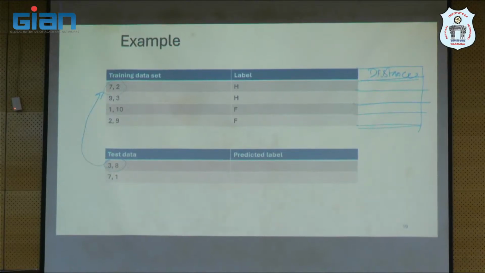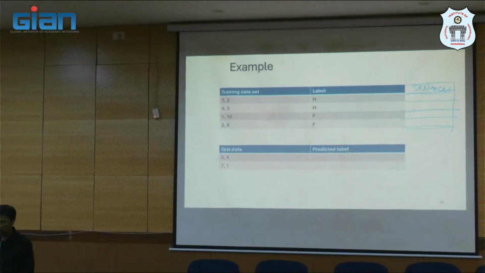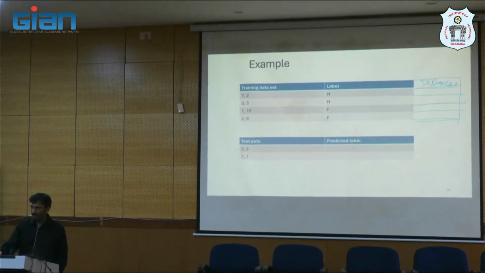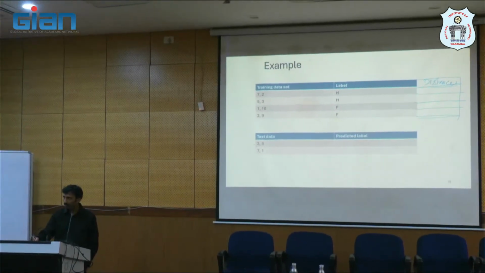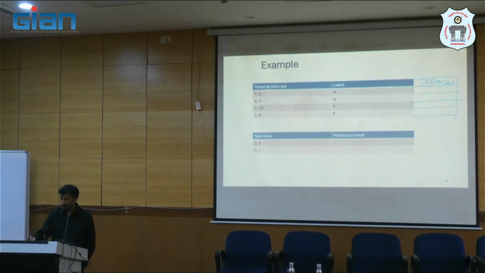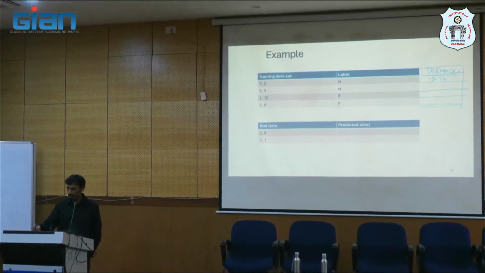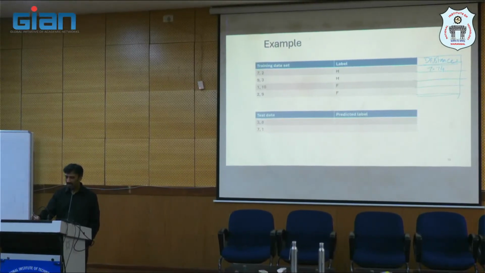Can someone please tell me the values of distances of the test point 3,8 with respect to each of the training points? So 3,8 with respect to 7,2, what is it? 7.74, or square root of 52, okay. 7.74, good. You can say it's a square root number, that's fine. Next one, root 61, okay. So root 8 and then root 2.